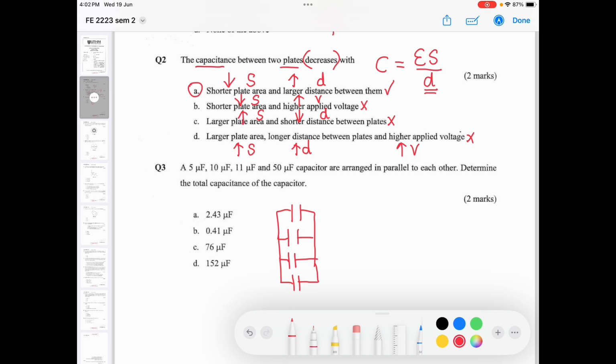What is the total capacitance? For parallel configurations, the total capacitance will be the summation, meaning 5 plus 10 plus 11 plus 50, 76. So the answer is C.